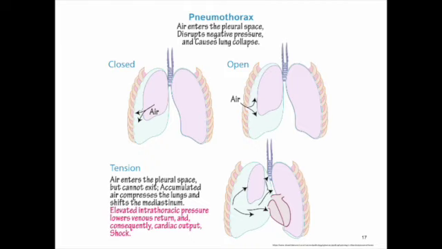Here is just another picture of pneumothorax to help you understand that as air enters that pleural space, it's going to disrupt that negative pressure that causes the lungs to fill the space normally. And so you see the difference between an open and a closed pneumothorax, and here the tension pneumothorax, shifting everything towards the mediastinum and displacing the heart and the great vessels.